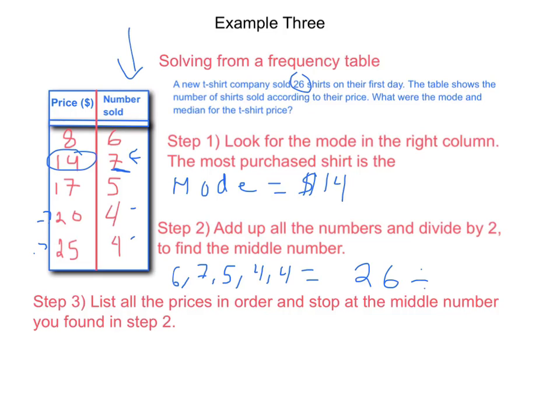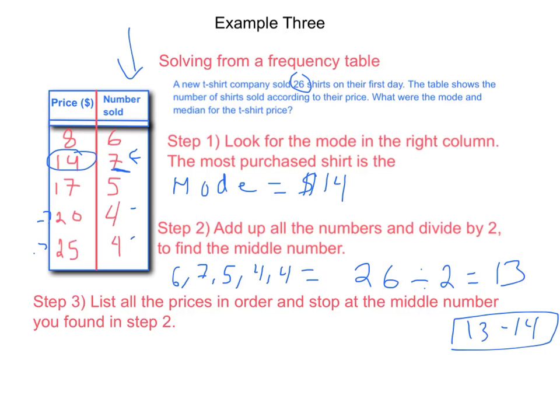To divide by 2, we're going to get 13. So that means that our middle number is somewhere between the 13th and 14th number. Just like the last time it was 7 divided by 2, it's the same here. So whenever we get to that 13th or 14th number, we're going to have our median.